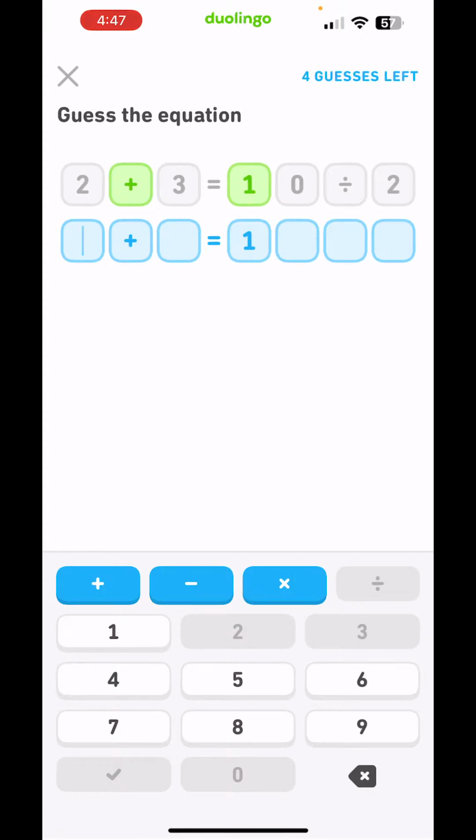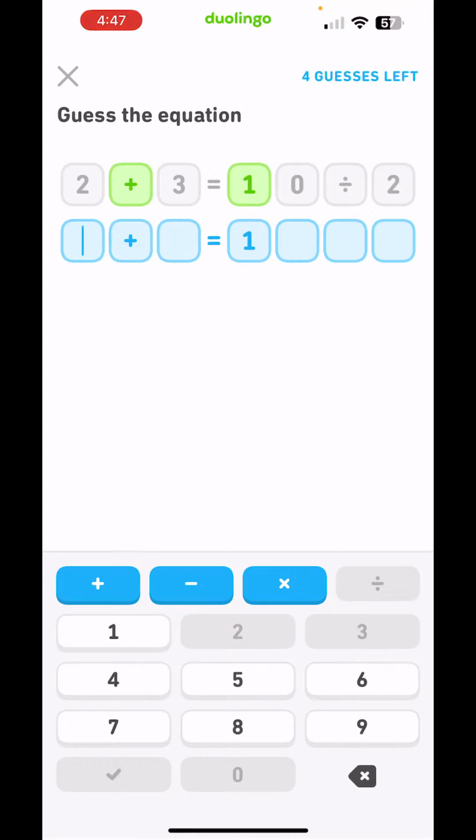You type in numbers, and you get 4 guesses to get the actual equation right. So in this example, it's saying 2 plus 3 equals 10 divided by 2. So we know that 2 plus 3 is 5. 10 divided by 2 is 5. So 5 equals 5. So we just have to make sure that one side of the equation equals the other side.